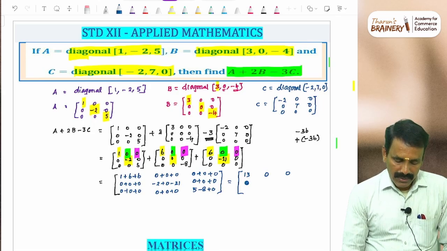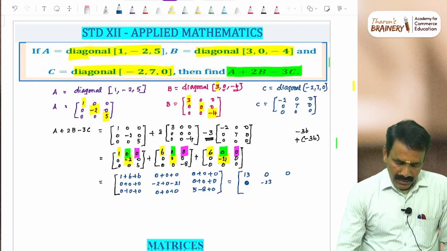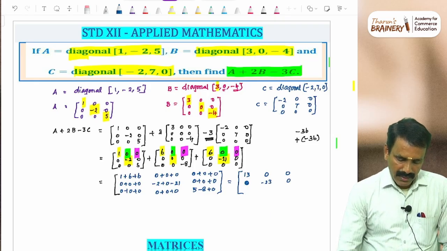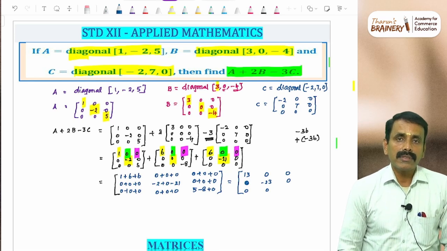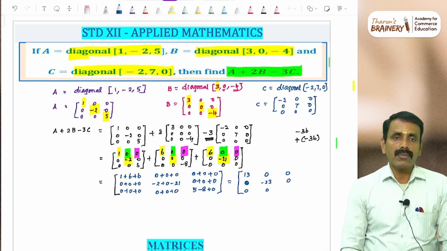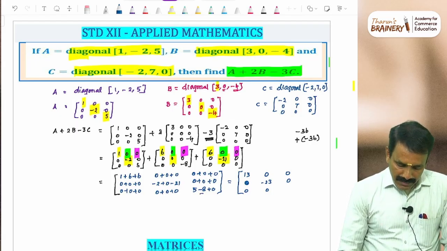So we add and put the negative symbol. So it is minus 23. Next one, 0. Then 0, 0, 5 minus 8. Different signs. So what are we supposed to do? We have to subtract the smaller one from the bigger one. So 5 is subtracted from 8. The answer is 3, and the bigger number's symbol is minus. So it is minus 3. So this is the answer.